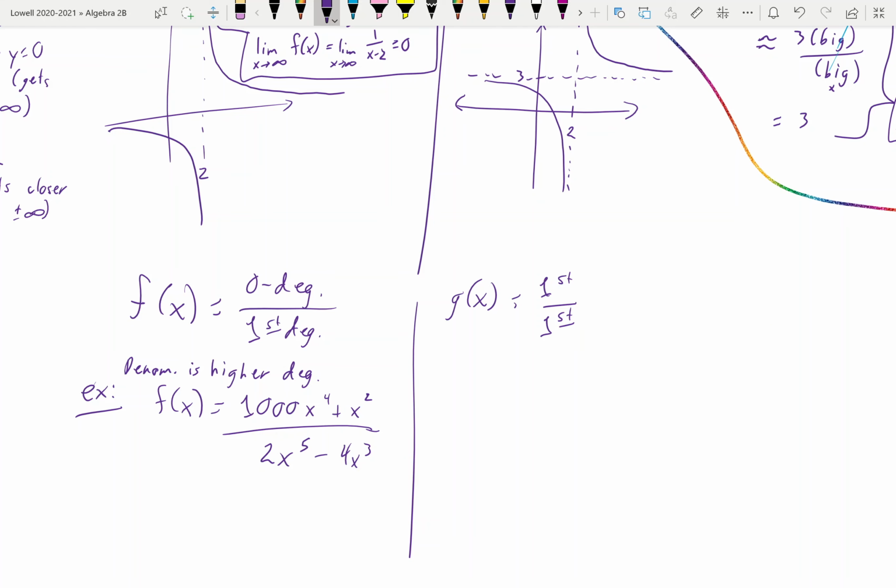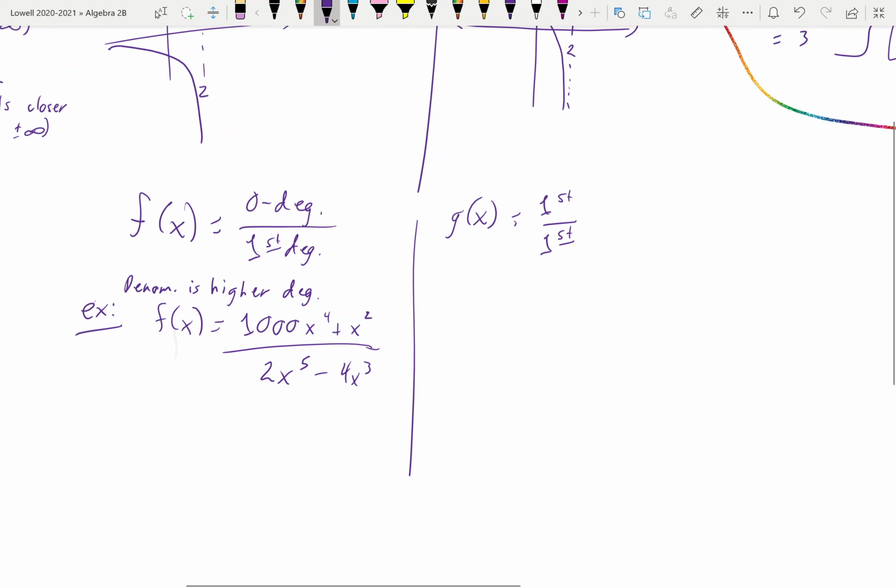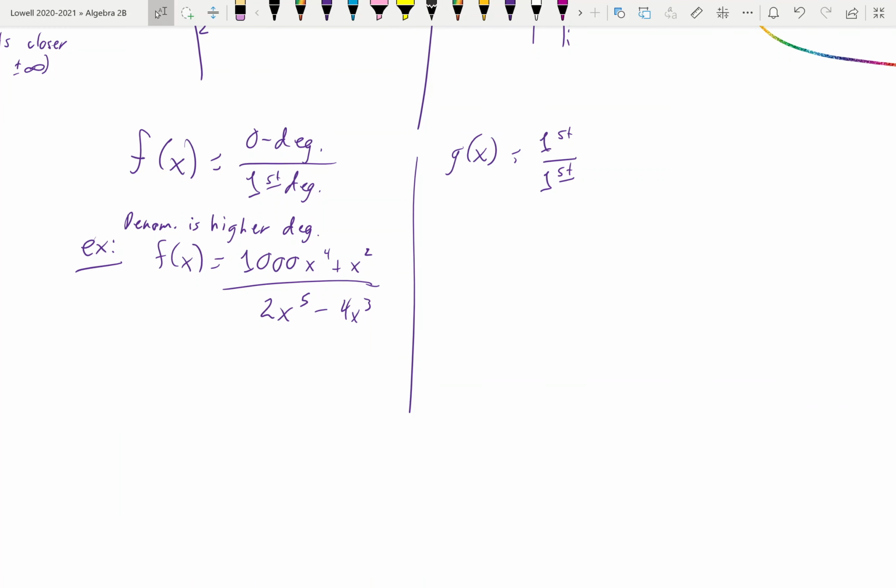It looks kind of nasty, and it kind of is, but we can still do the same thing to find our horizontal asymptote. If I plug in a big number for x, what happens? The numerator looks pretty big, I mean, its coefficient is 1,000. Remember, when we're talking about big numbers, we're talking about infinitely big with no bound. So 1,000 looks big now, but it's nothing compared to, say, 1 trillion.